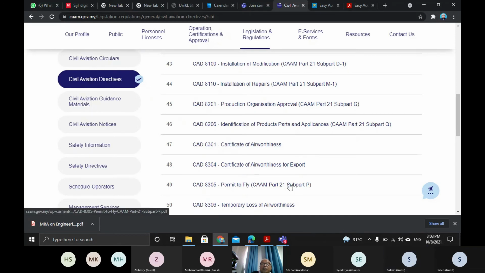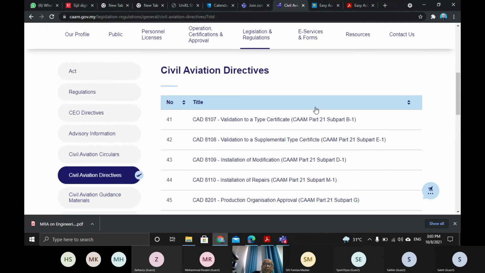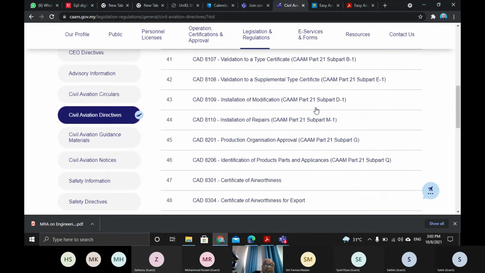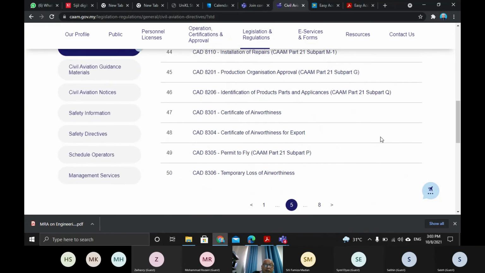You must have Part 21 Subpart P. So Part 21 Subpart P goes with Subpart G, production approval, and also with Subpart B. Subpart J, DOA: DOA must do experimental flight to show compliance to the airworthiness requirement when there is a requirement for flight performance. They also need to have a permit to fly, 8305. So 8305 applies to DOA, to POA, and also to CAAM.